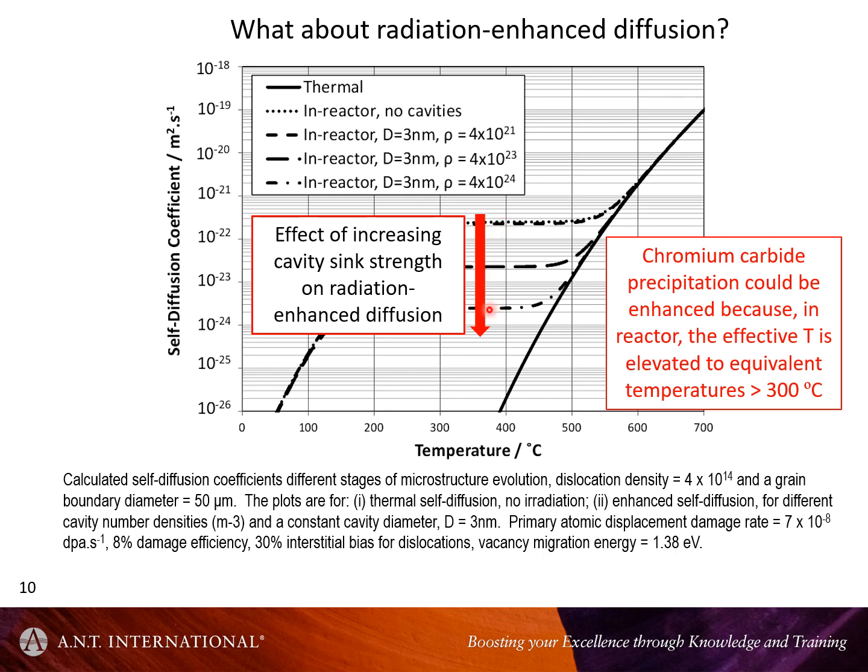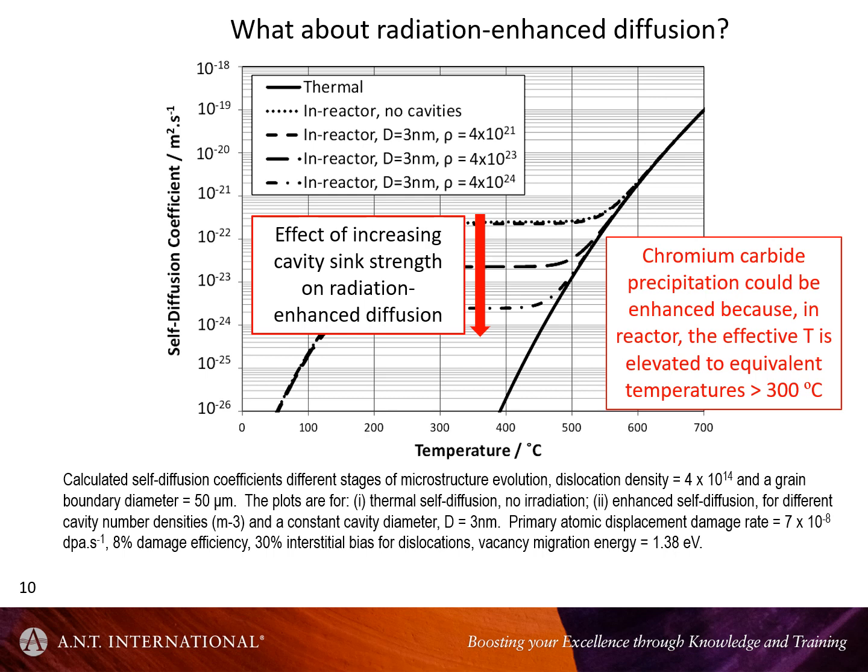So although I've drawn this here with cavities, that has to do with the case for Inconel, but we're looking at the dotted line here. So ostensibly, if we're in a reactor, if we're somewhere down here at 300 degrees C, the effective irradiation in a PWR is to elevate the self-diffusion coefficient, because you've simply increased the steady state vacancy concentration up to these levels, which corresponds roughly with about 550 degrees C. So no cavities in reactor, typical cold work structure.